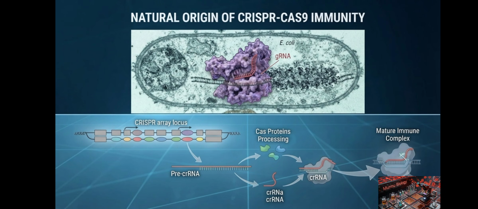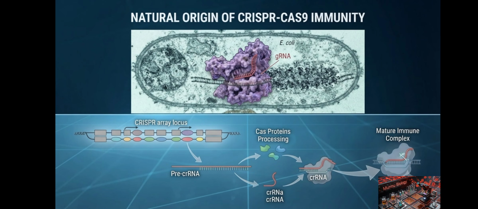The natural origin of the Cas9 protein is from prokaryotes, isn't it? Prokaryotes like bacteria and archaea have this Cas9 protein, and when a bacteriophage-like virus infects them, the Cas9 protein cuts the RNA particle of the bacteriophage.